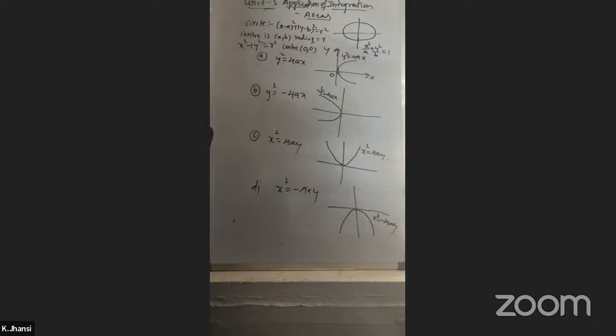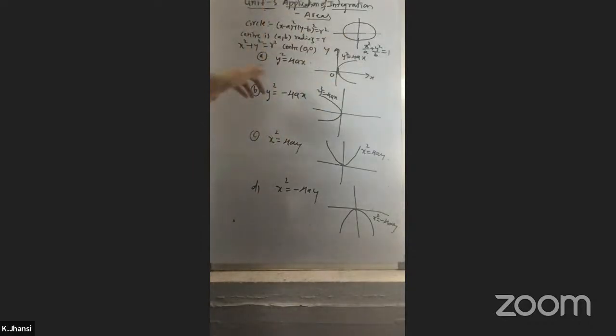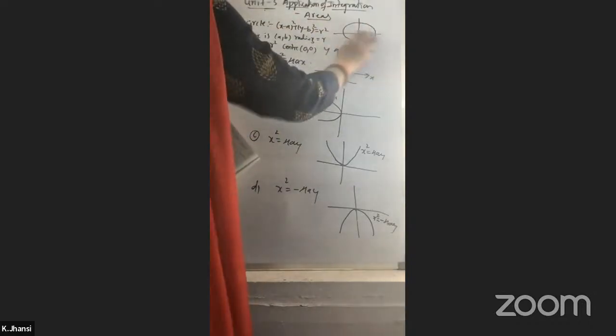In MEQ, that is model examination questions, you will get this: find the area of the region bounded by the curve y square equals 4x, which is in the form of the first parabola, and the line x equals 3.